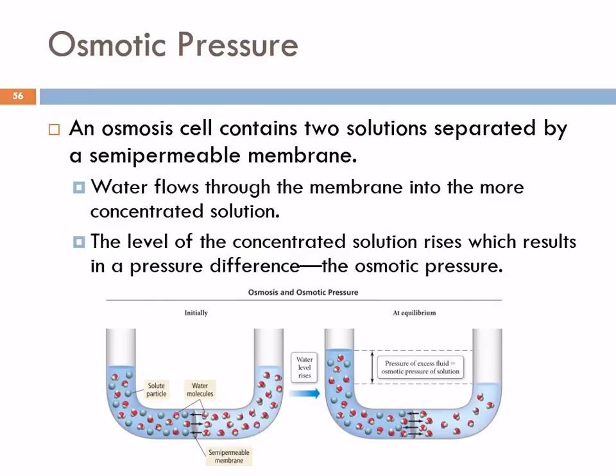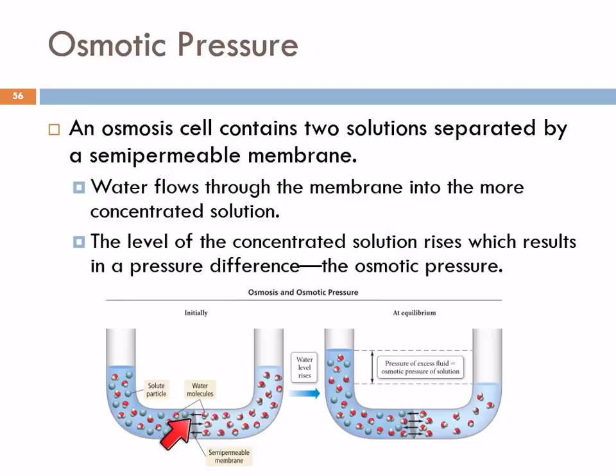We can set up an osmosis cell. When I was in college, we called these U-tubes because they're shaped like a U, and now YouTube has a completely different meaning. It's a website. But this U-shaped tube, dang it, I changed the color. Oh, well.